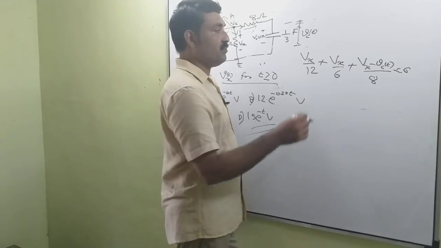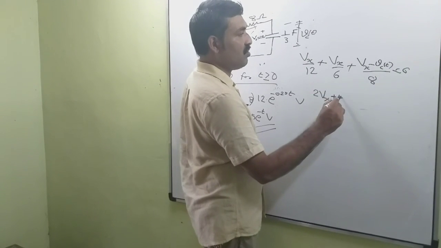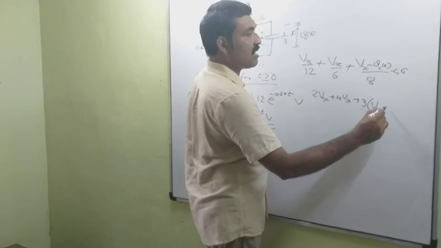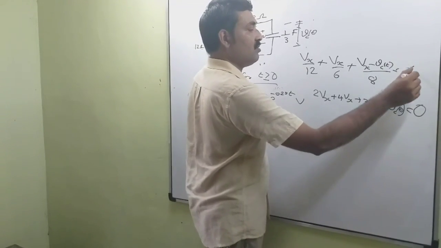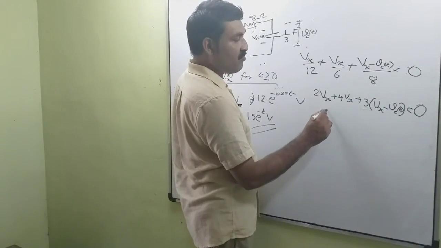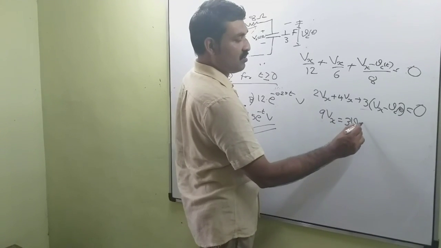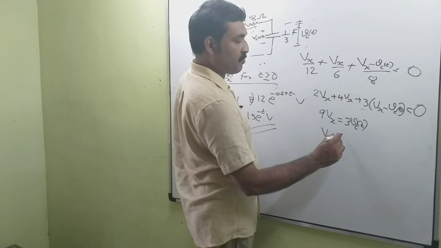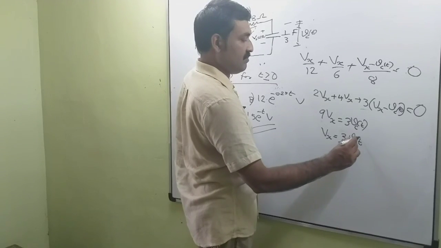Now take the LCM. This becomes 2Vx plus 4Vx plus 3 into Vx minus Vc(t). This is equal to 0. Okay, or 2 plus 4, 6, plus 3, 9. 9Vx is equal to 3 times Vc(t), or Vx is equal to 3 by 9 Vc(t).